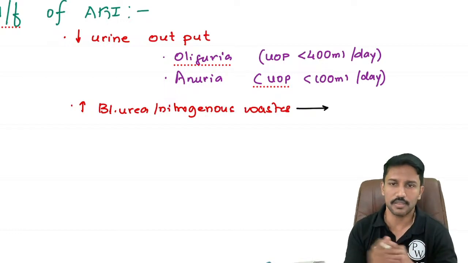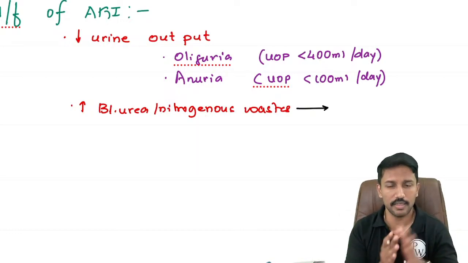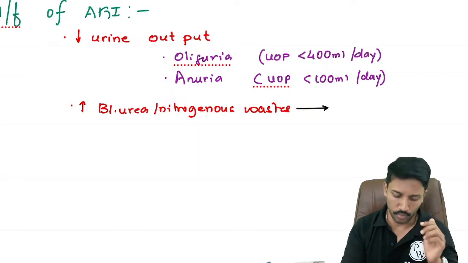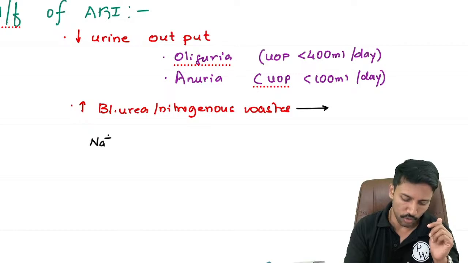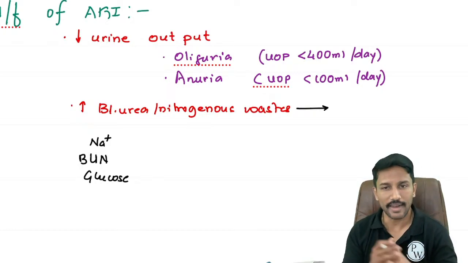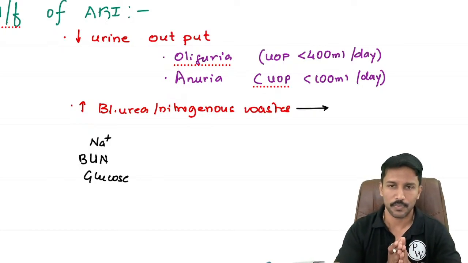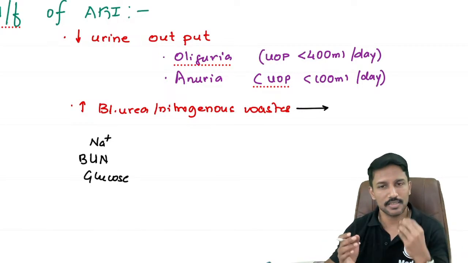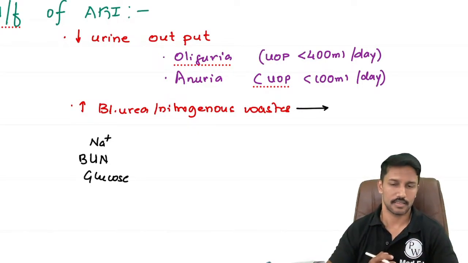So if anyone remembers the formula for serum osmolality, it includes three important components. What are the components of serum osmolality formula? Sodium, right? Blood urea nitrogen, and glucose. These are the three abundant osmotically active substances in our blood. So if any of them increases, the serum osmolality increases, right?